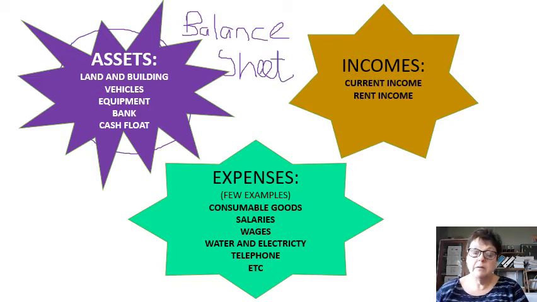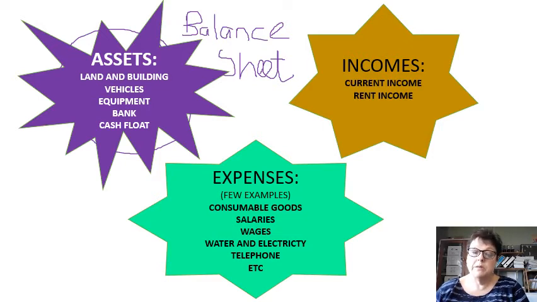In the nominal section, you'll have all your incomes and all your expenses. What are the incomes that you know of? Current income and rent income. And the expenses, remember we said in class, there's lots of expenses. There's no way that I can actually teach you all the expenses in one go.